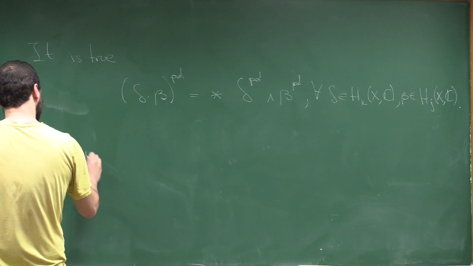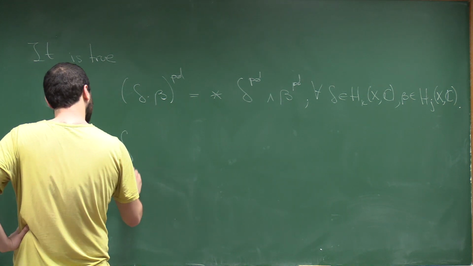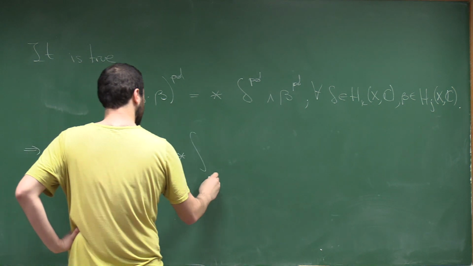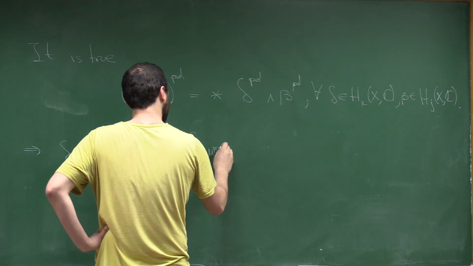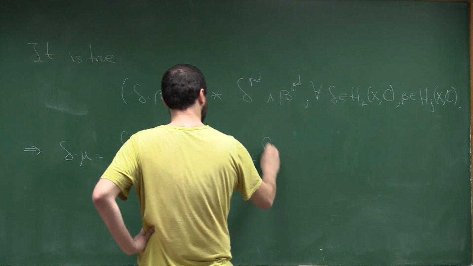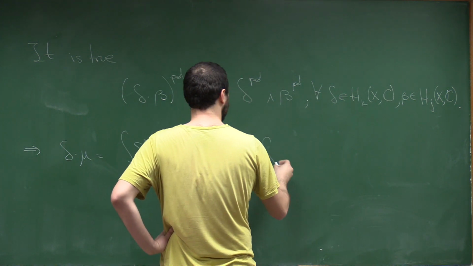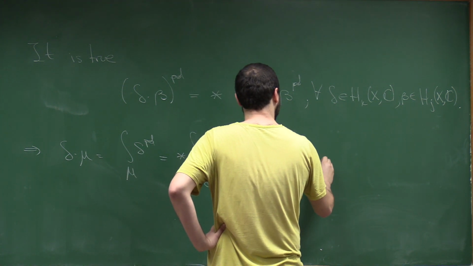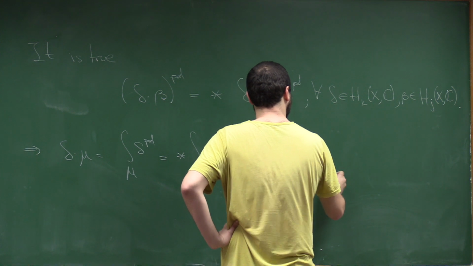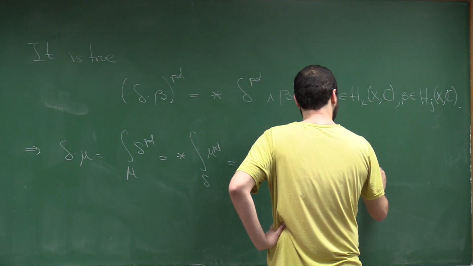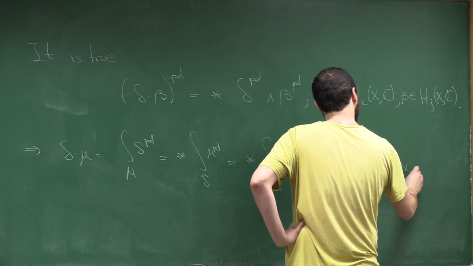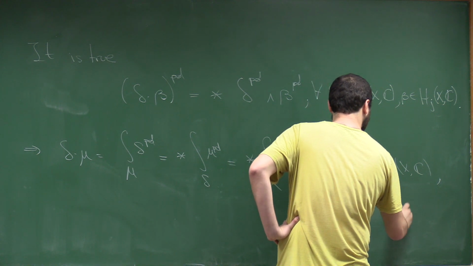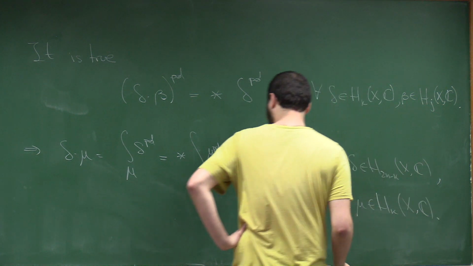The intersection product delta times mu is equal to some constant times the integral over X of delta PD wedge mu PD, for every delta in H_{2n minus k} and for every mu in H_k.